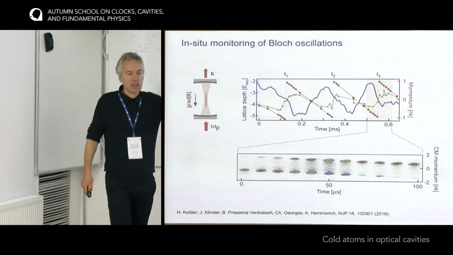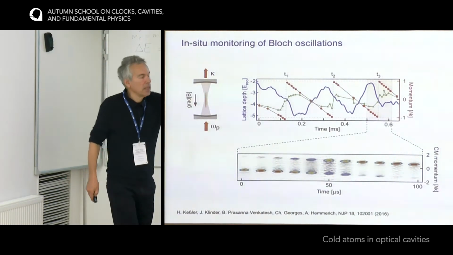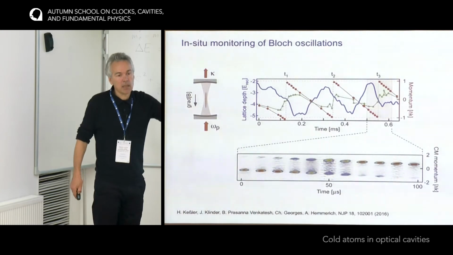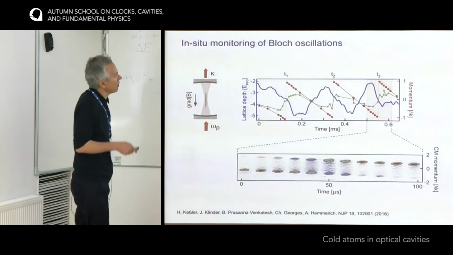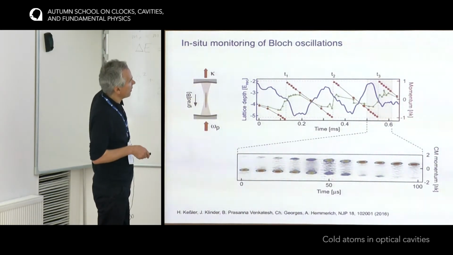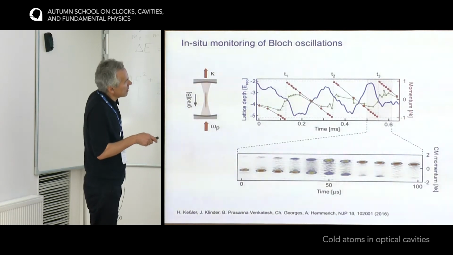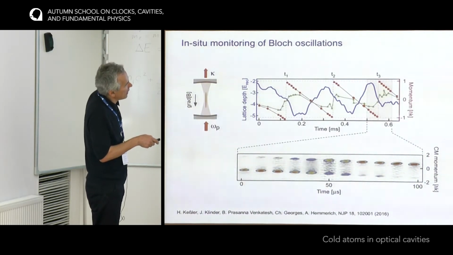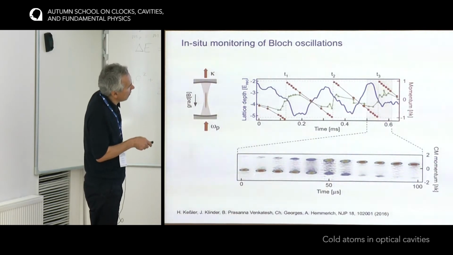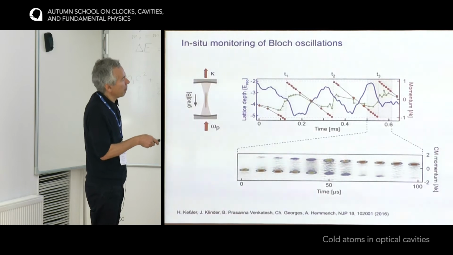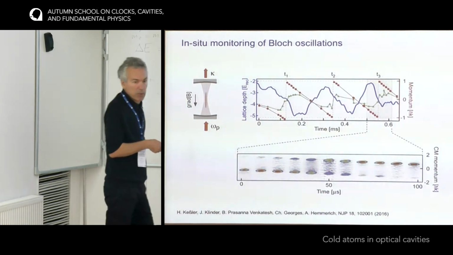So the photons leaking out make an oscillation showing the Bloch frequency. This is just a small section of this oscillation, where the atoms are approaching the edge of the Brillouin zone and jumping to the other side. That's where the Bragg scattering takes place.